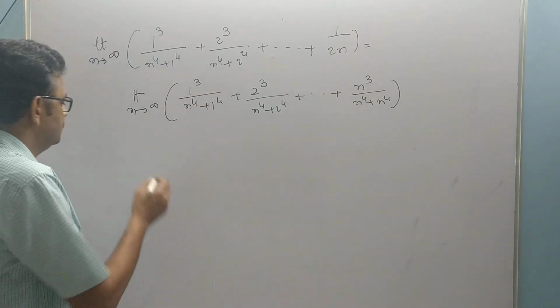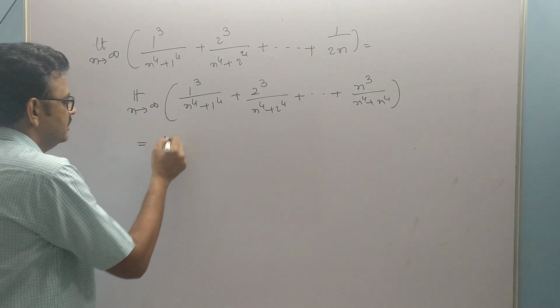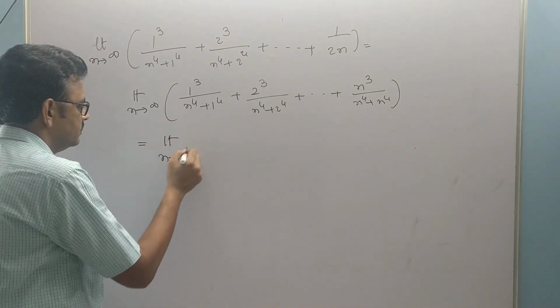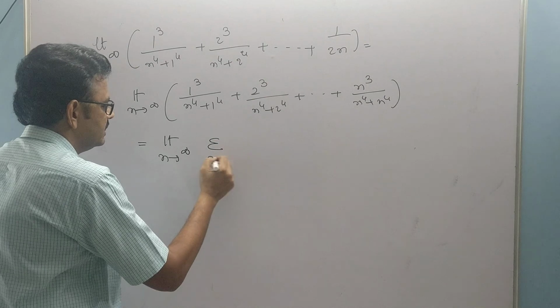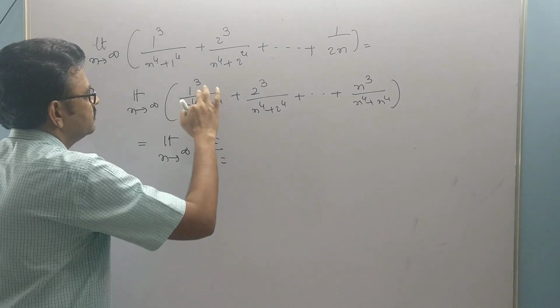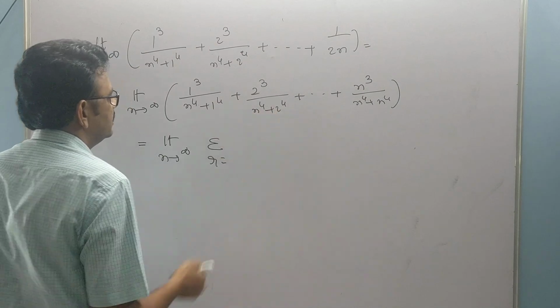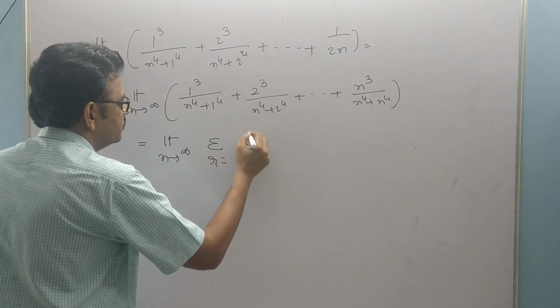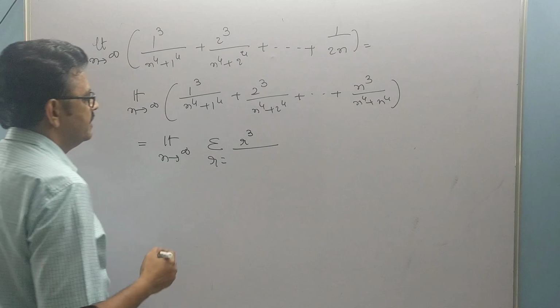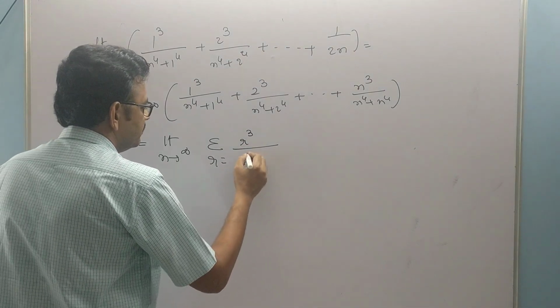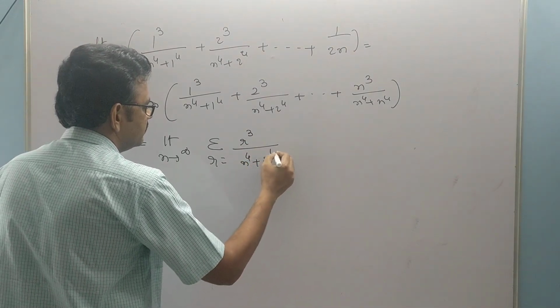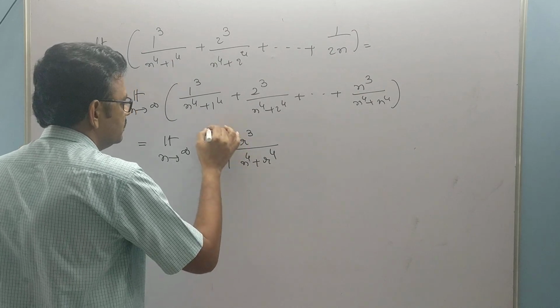Now express it in sigma notation. Limit of n tends to infinity, sigma, r equal to 1, 2 and so on. So this is r cube by n power 4 plus r power 4, r equal to 1 to n.